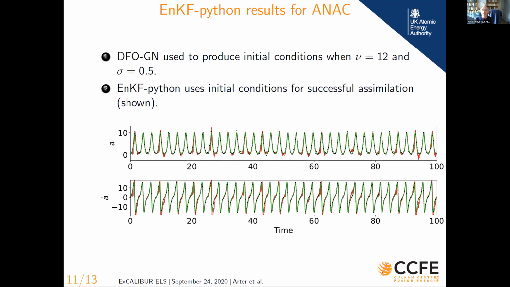The optimization code uses data from the first oscillation to prepare initial conditions for the data assimilation calculation. And what you're seeing there is parameter and state estimation. So there are 2 parameters and two states to be fitted. Next slide.